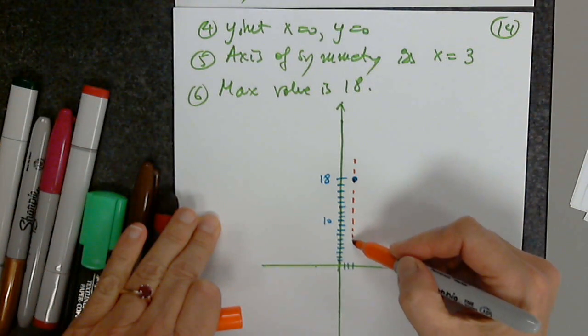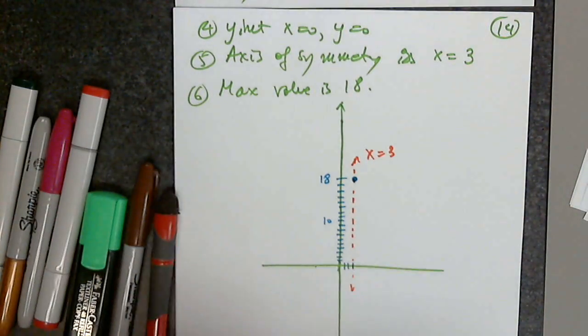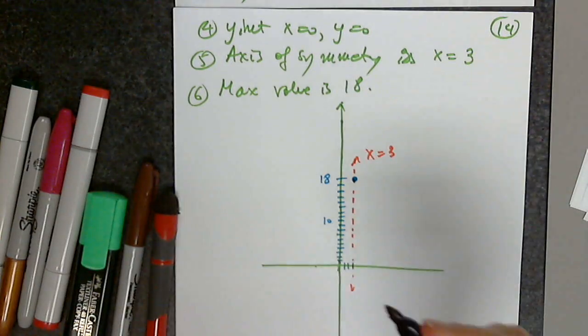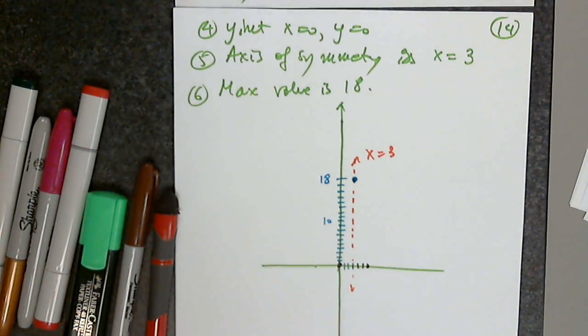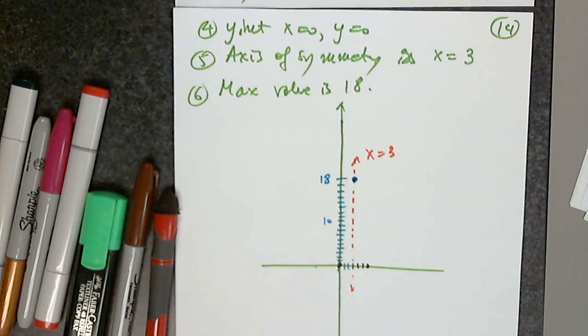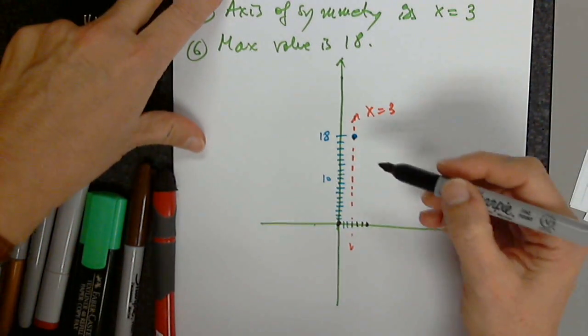It's not part of the graph, but it will help me keep the graph in shape. Then I continue with 0, 0, and 6, 0. Are they symmetric with respect to the axis of symmetry? Yes. And nothing else. Here it is.